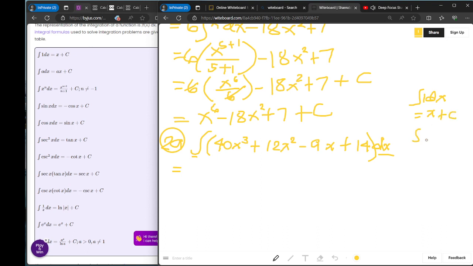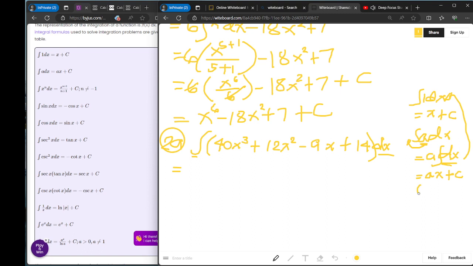The integral of a dx, again, we'll have to move out the constant so that it will become a times the integral of dx. And this form now is just like this one. So the result will be a times x plus c.